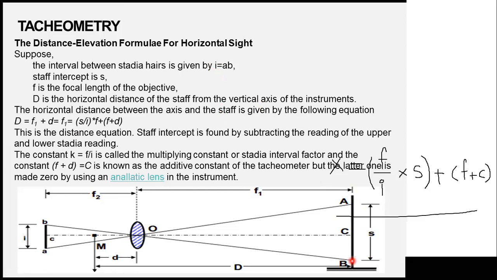Now f by i is the constant K, which is known as the multiplying constant or stadia interval factor, and the constant f plus small d, or in our formula f plus small c, is equal to capital C, known as the additive constant of the tachometer.